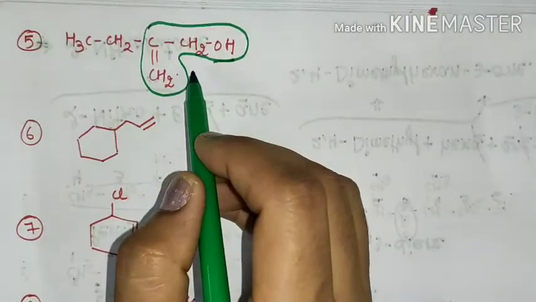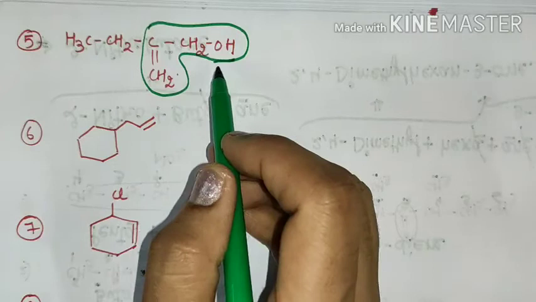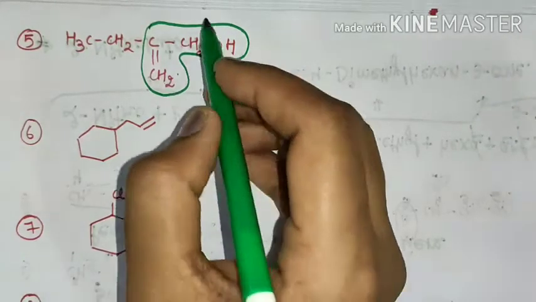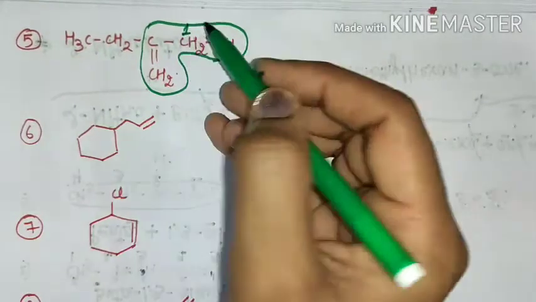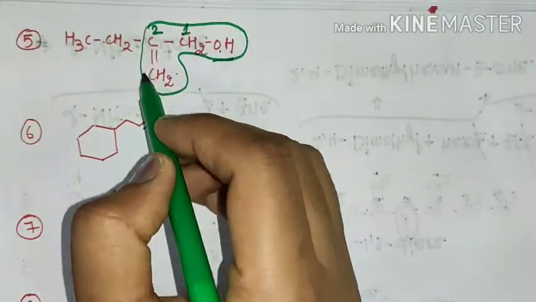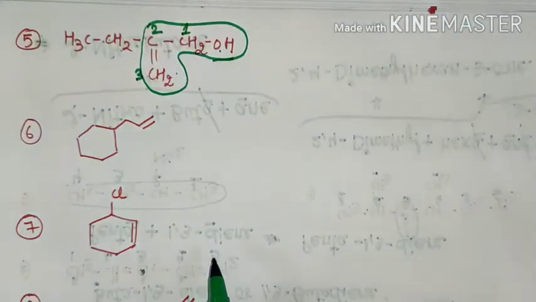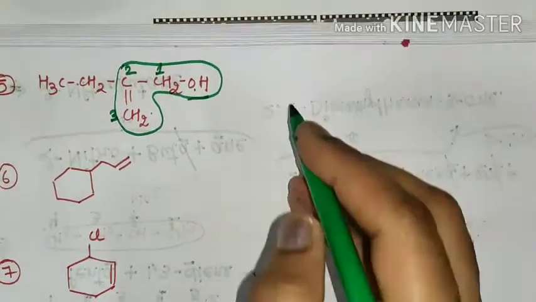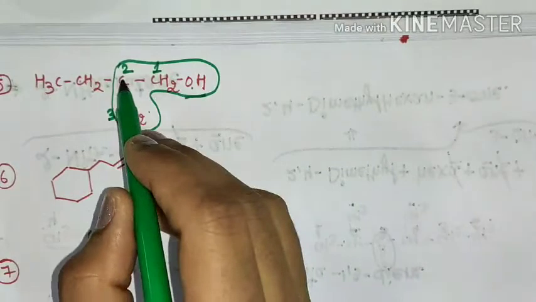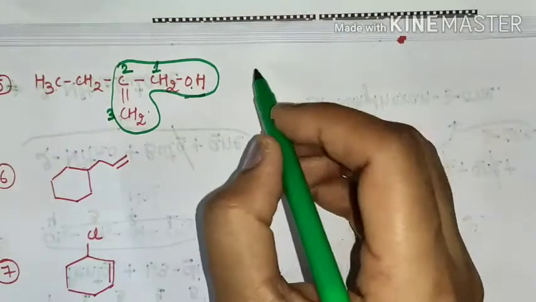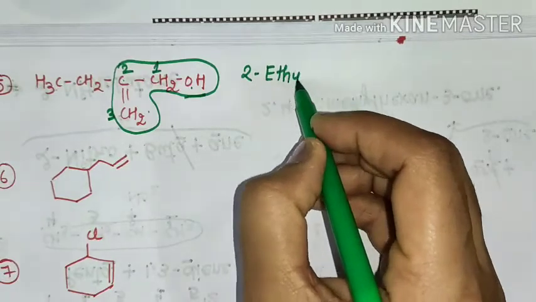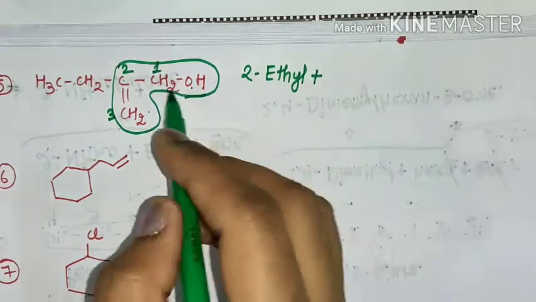Chain selected. Now numbering of the chain. While numbering the chain, we know functional group gets priority over double bond. So the numbering will start from the functional group itself. 1, 2, 3. After numbering, now it's time to write its IUPAC name. Secondary prefix is 2-ethyl. Ethyl substituent is present at position number 2 plus primary prefix.